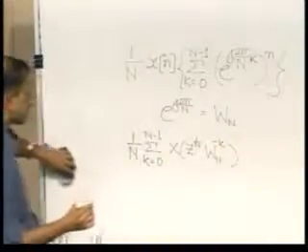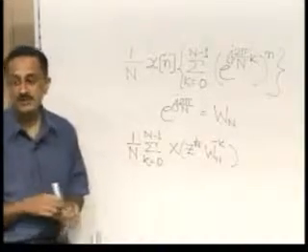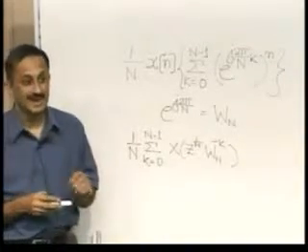This is the Z transform of a sequence decimated by a factor of n.